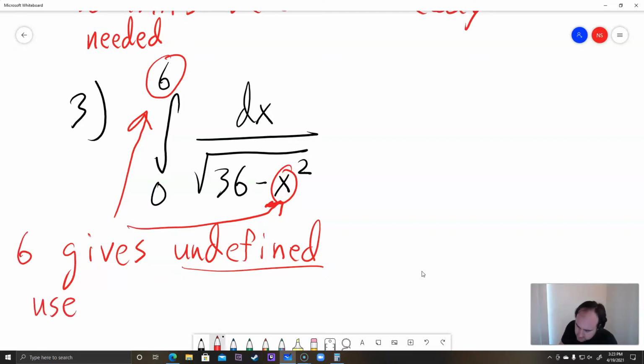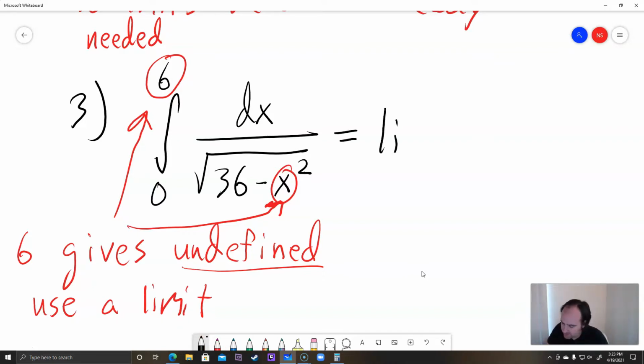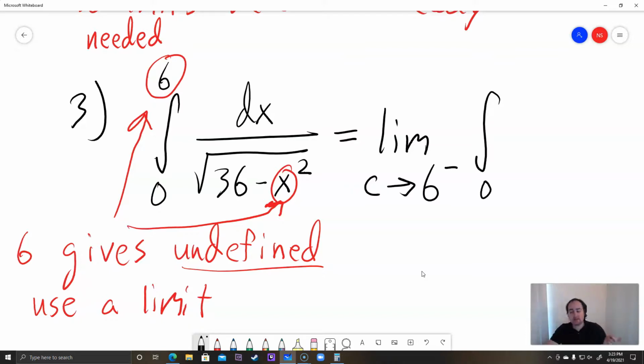So we use a limit, and because it's the upper limit of integration, we're going to be doing the limit as c approaches 6 from the left. If it were the lower limit, it would be as c approaches 0 from the right, but here it's the upper limit that gives us undefined. Okay, so here we're going to have the limit as c approaches 6 from the left of the integral from 0 to, I'm going to go ahead and replace this 6 with c.